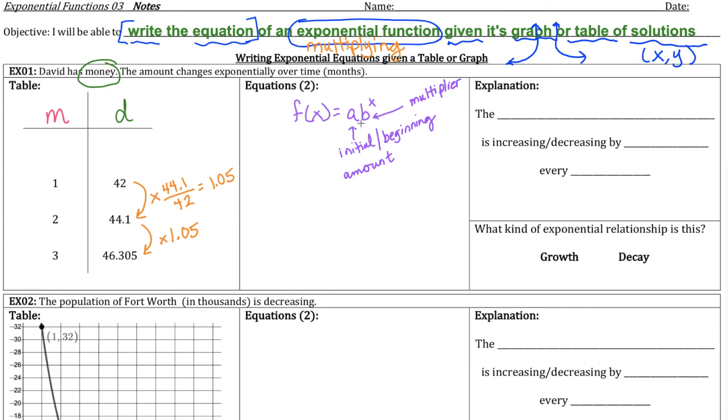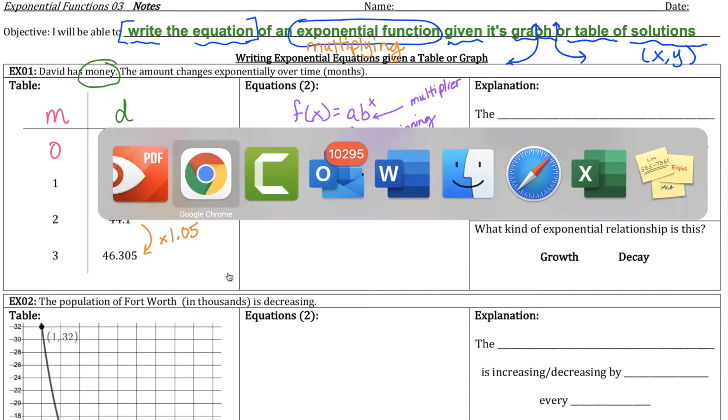Well, we got to know what this is in the beginning. So we need to get back to this 0, right? Instead of multiplying, we will actually need to divide by 1.05.